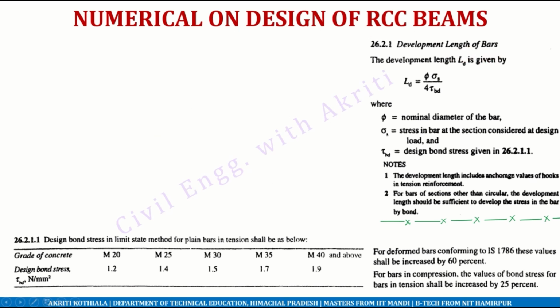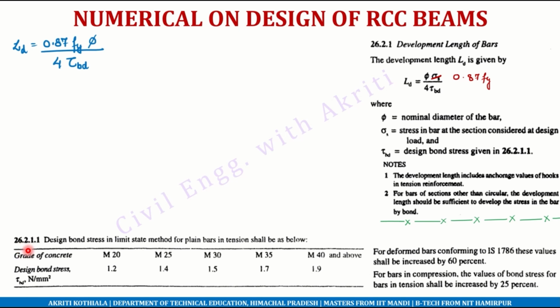For that, we'll consult clause 26.2.1. The development length is given by Ld is equal to phi sigma s upon 4 tau bd. But because this is limit state, we can replace sigma s by 0.87 fy. So the formula will become 0.87 fy phi upon 4 tau bd. For tau bd, we have to refer to clause 26.2.1.1.